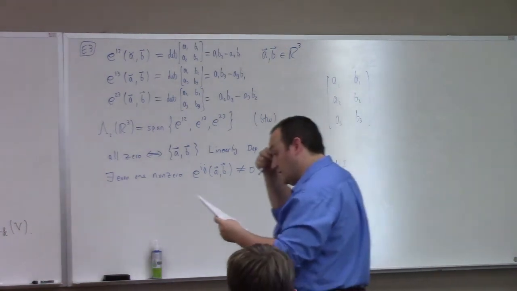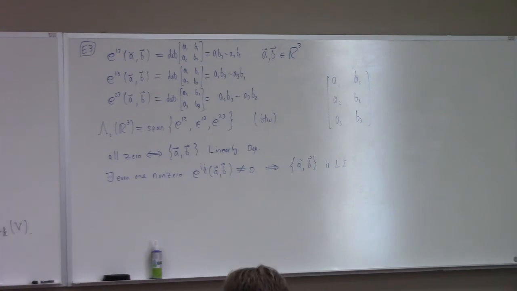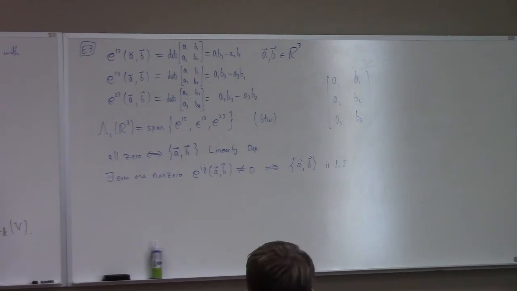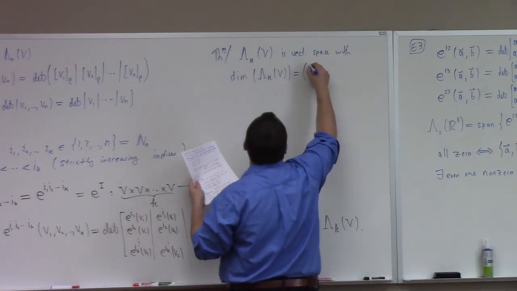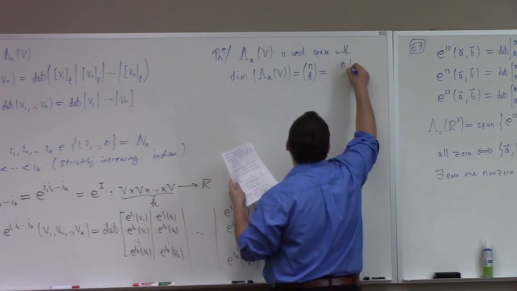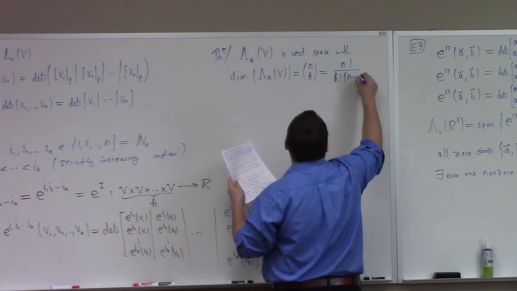Anyway, let me get to the end of this here. So, theorem: the K-forms over V is a vector space with dimension. So what's the dimension of the K-forms over V? It turns out it is n choose K, also known as n factorial divided by K factorial times n minus K factorial.